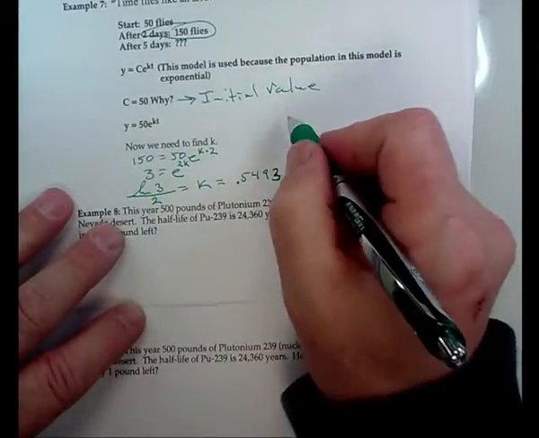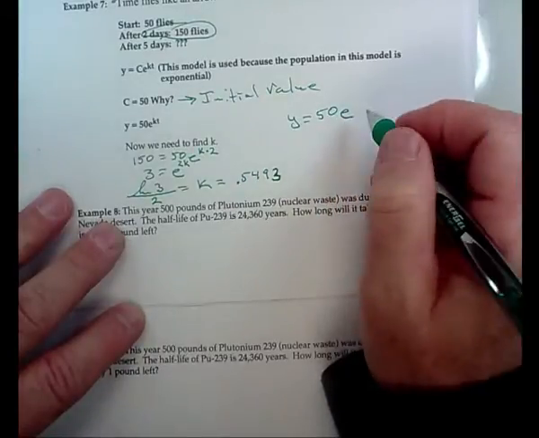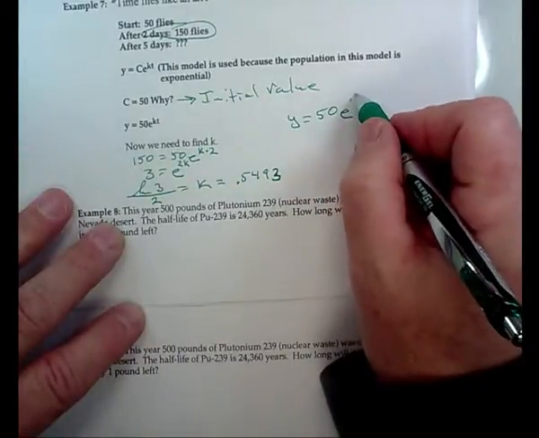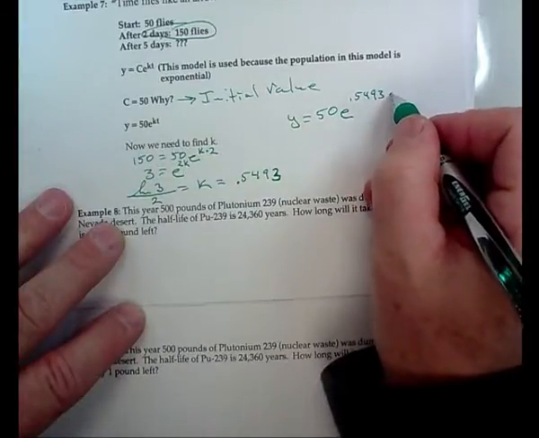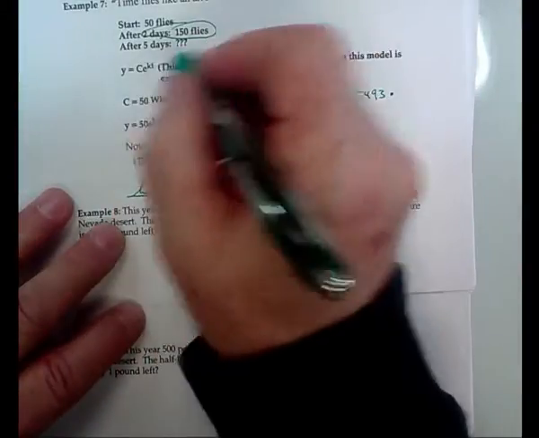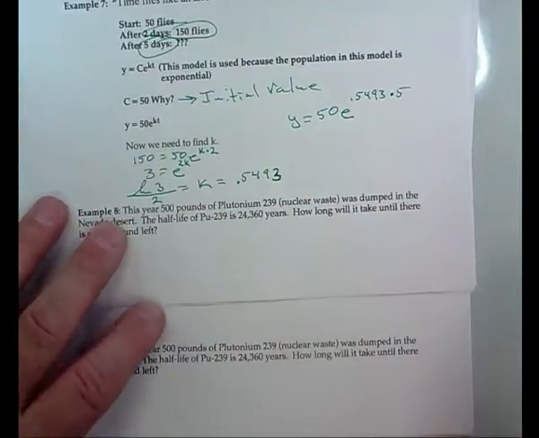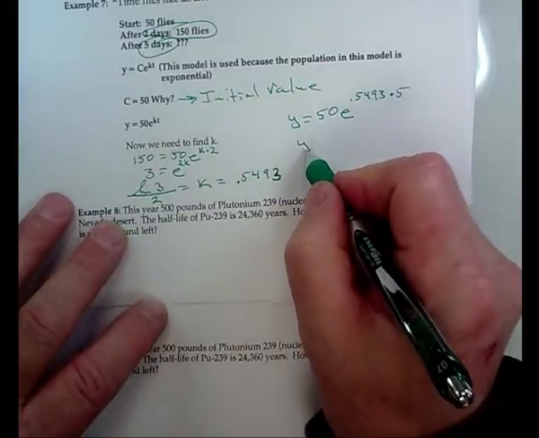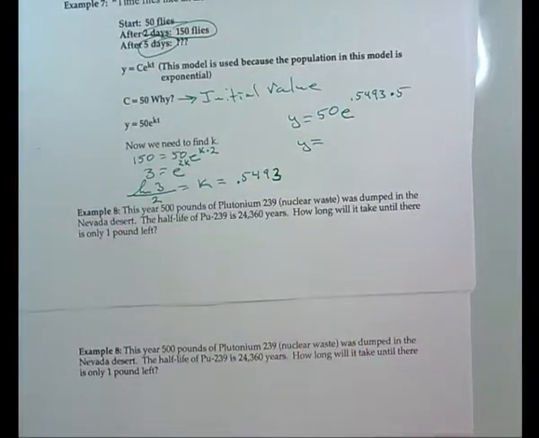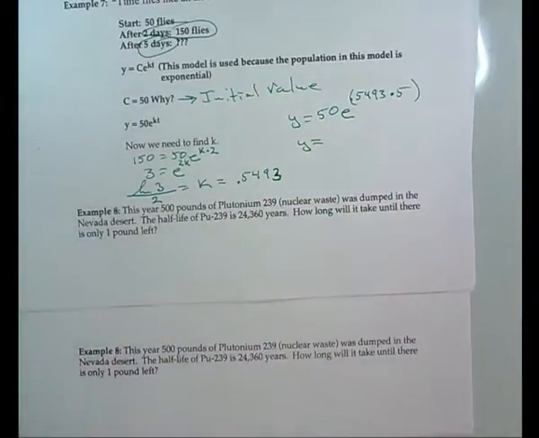So now my equation is y equals 50, because I got to have more than 50, e to the 0.5493 times 5, because 5 days. So how many flies do I have? Make sure on your calculator you put that in parentheses.